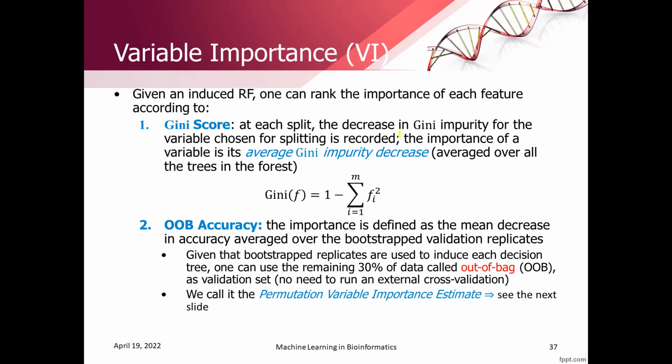For example, we can use Gini score. Gini score means that if an attribute is used as the splitting attribute in a node, it will contribute to decreasing the Gini score in the children.